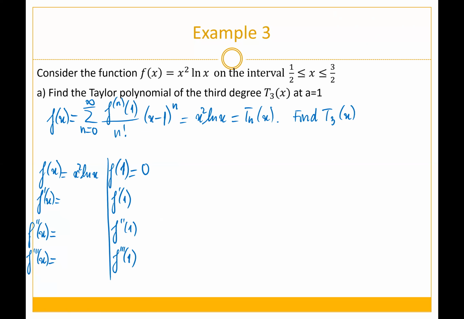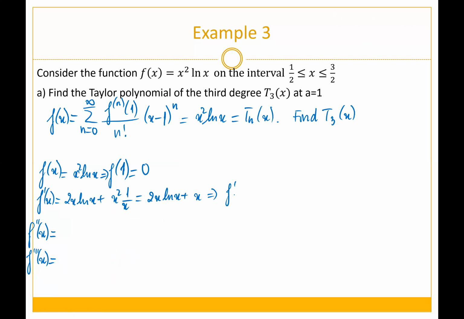Then you have f prime of x, so when you take the derivative of this, this is where it becomes complicated. It's going to be 2x ln of x plus x squared times 1 over x, which is going to be 2x ln of x plus x. So f prime of 1 is 0 plus 1, which is 1.